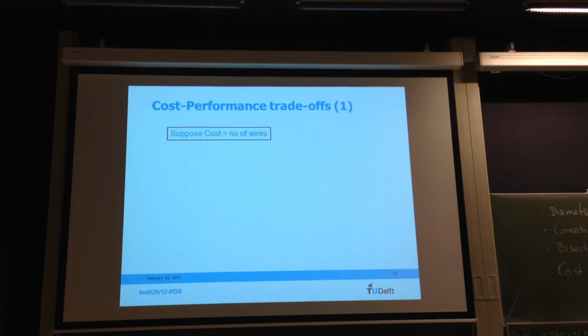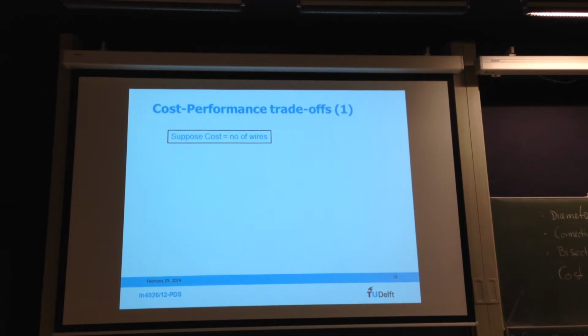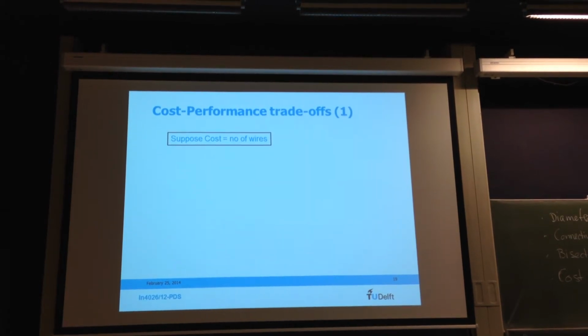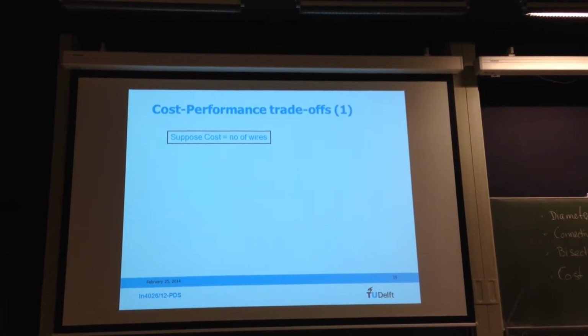Another item is a trade-off we have to make between cost and performance. Now, how do we weigh these things against each other, because your boss might ask you what is the cost-performance ratio of your solution, and then with a number of alternatives.